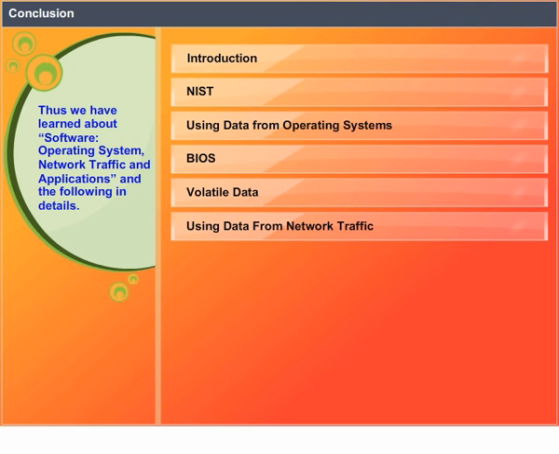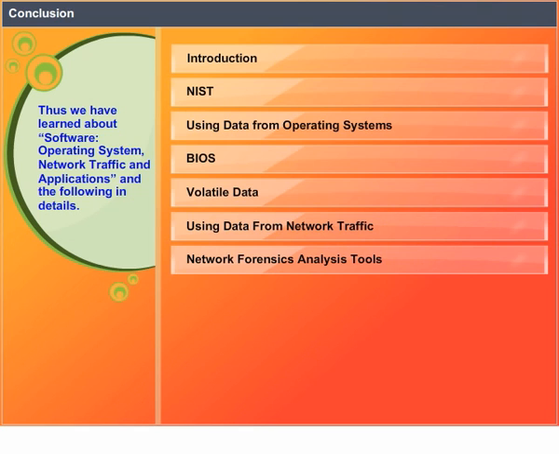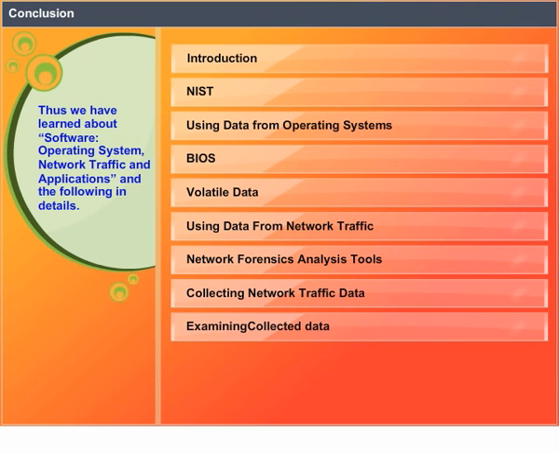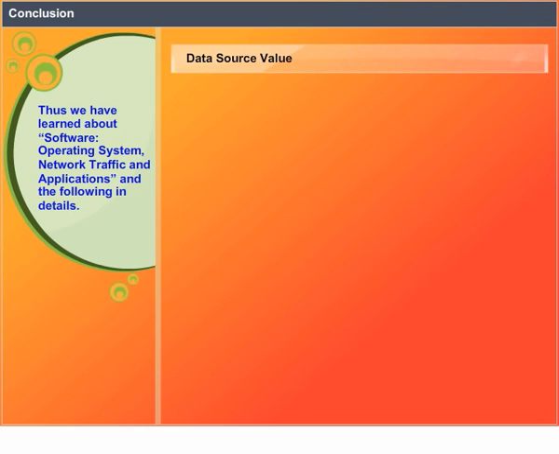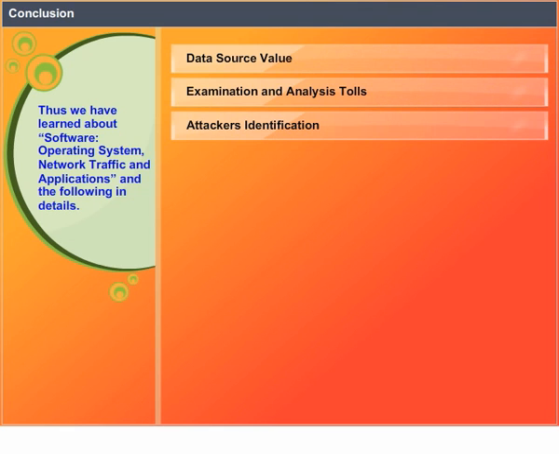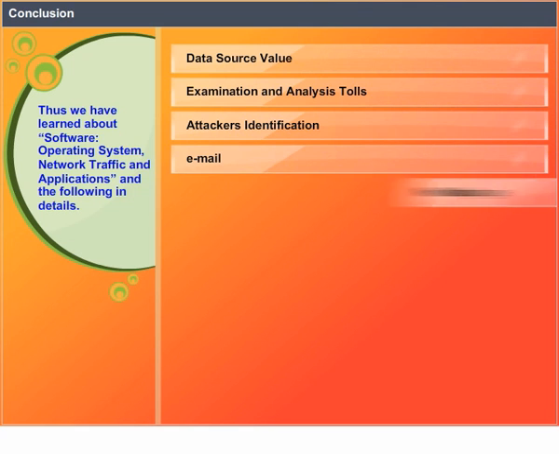Collecting network traffic data. Examining collected data. Identify an event of interest. Examine data sources. Data source value. Examination and analysis tools. Attackers identification. Email. Web usage. Interactive communication. Security applications.